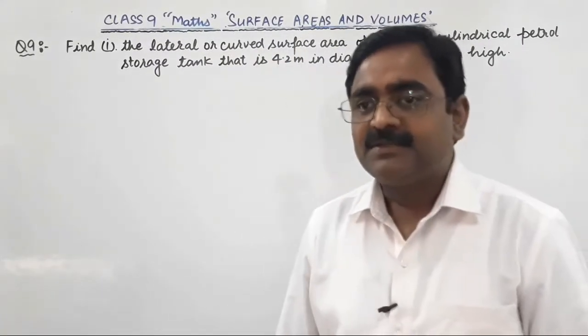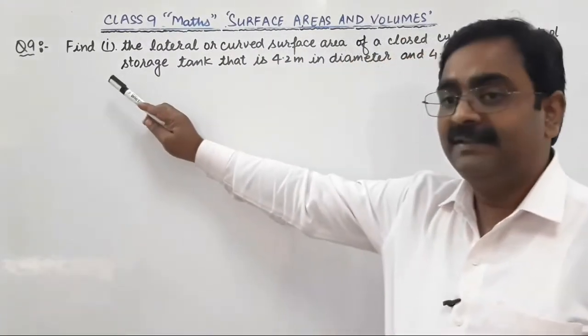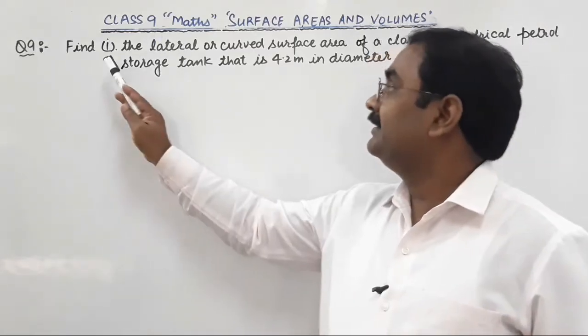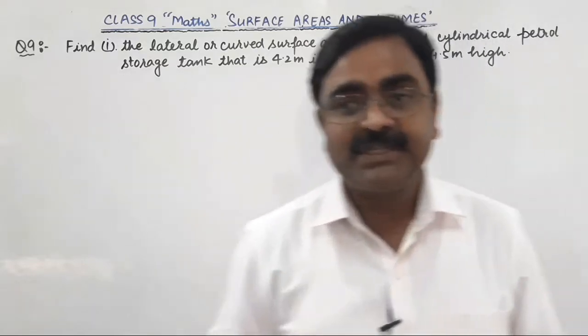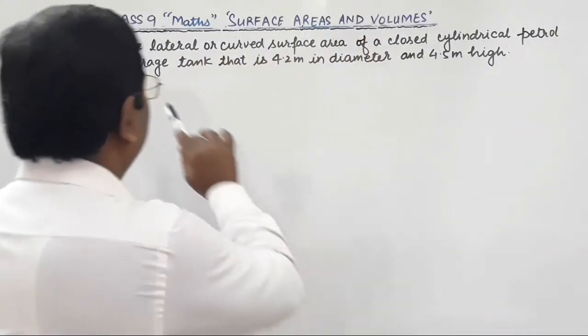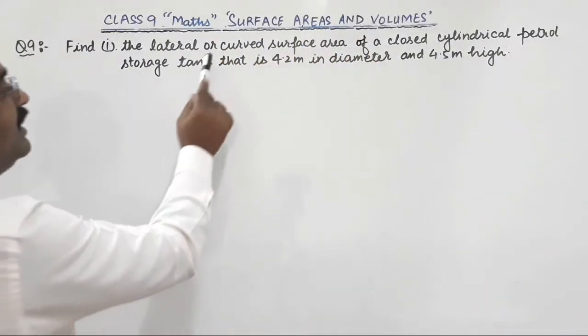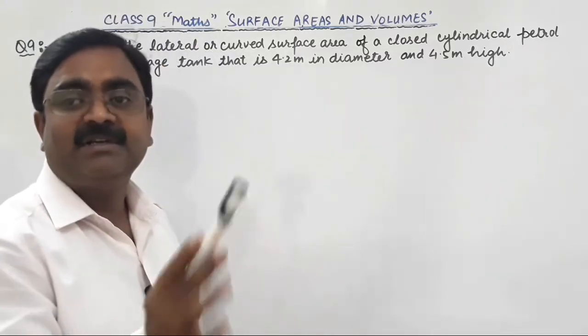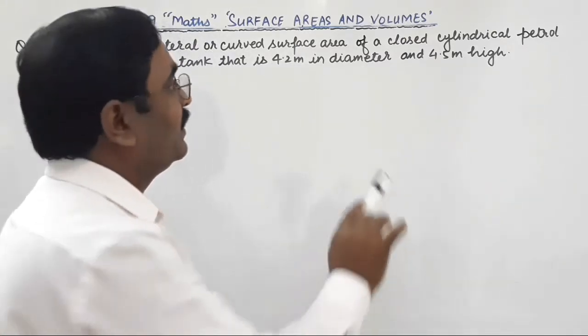Okay friends, so let's start question number 9. In this, the first part I am going to explain here. Given that, find the lateral surface area or curved surface area. Lateral surface area and curved surface area both have the same meaning.